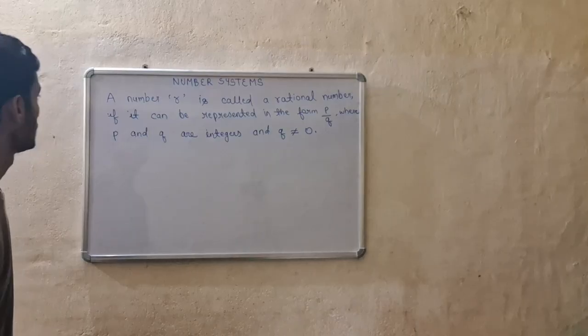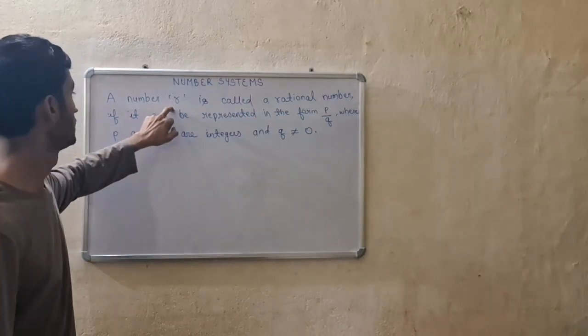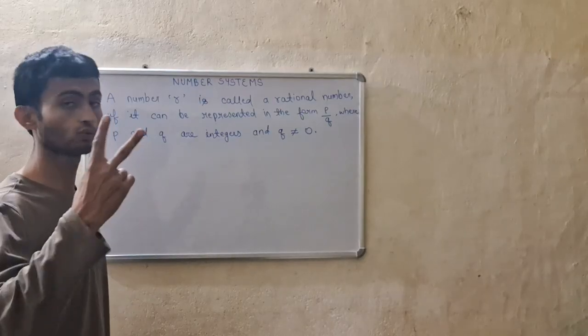Okay, so any number R can become a rational number if it fulfills two conditions.